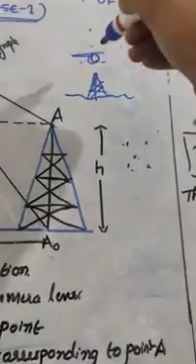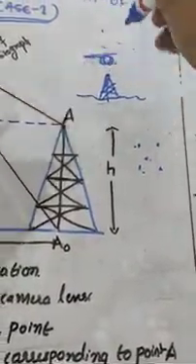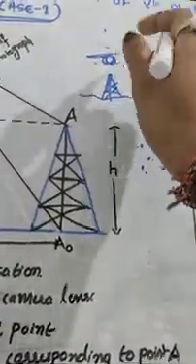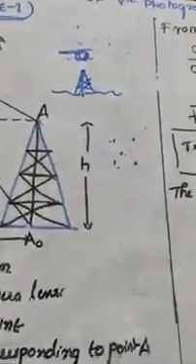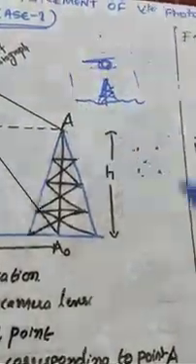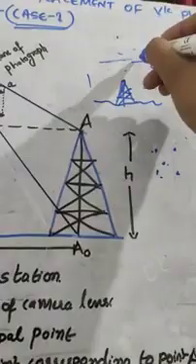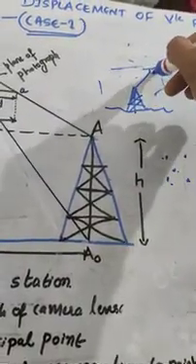But what happens when the plane takes the photograph from the side, either this side or this side? Let us consider this side. The plane is here, the lens is here, and the photograph is taken from here.